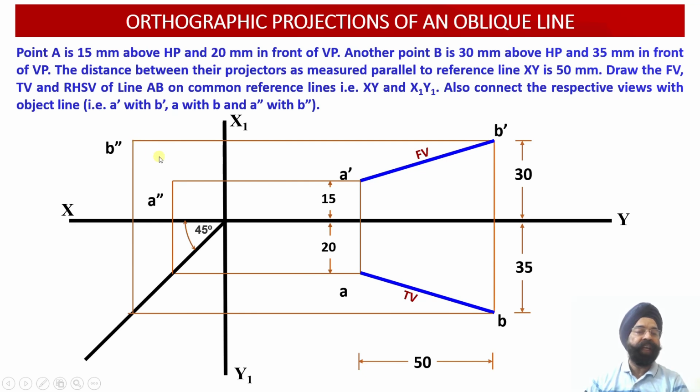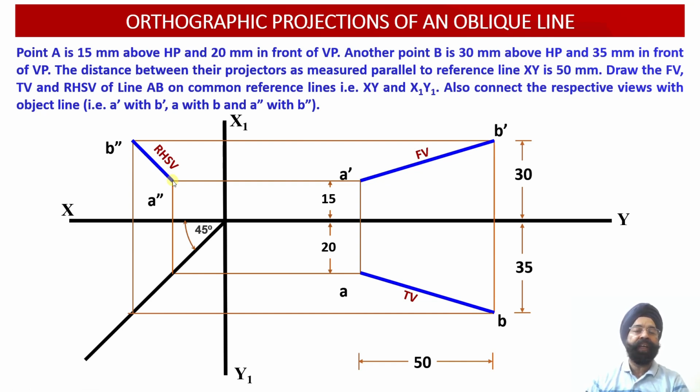So having obtained A double dash and B double dash in the profile plane, we can join A double dash with B double dash, and this will provide us with the right hand side view projection of the line AB in the orthographic projection.